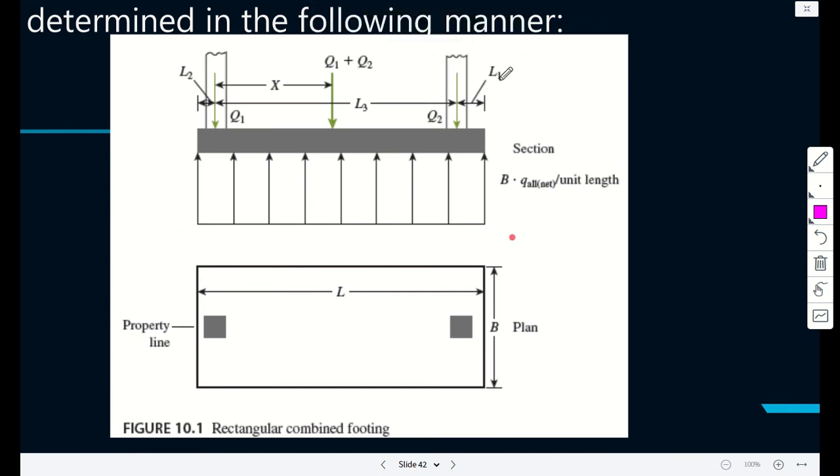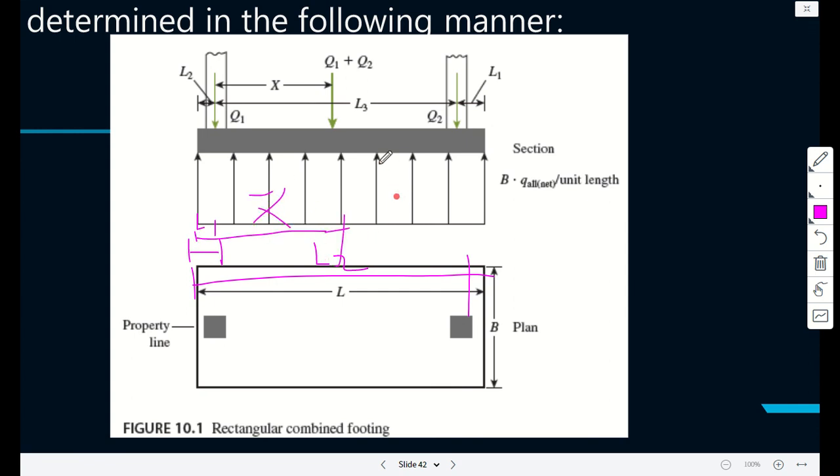So you have column 1 and column 2. You need to find the distance to the centroid. Take the distance to the first column, L1, and the distance to the second column, L2, and define the distance x bar.